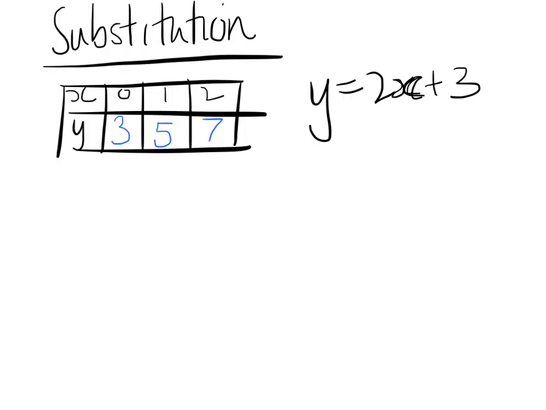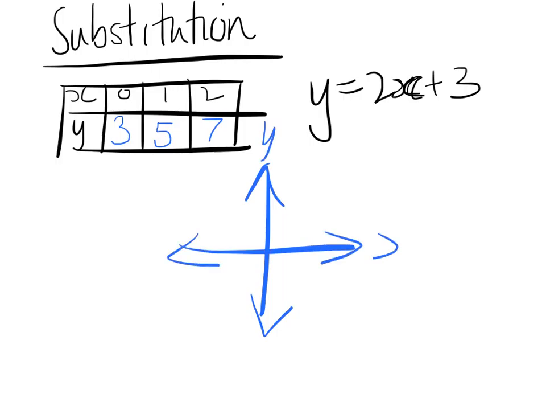And then you can start plotting your points. The first point is 0, 3. Second point is 1, 5. Third point is 2, 7. And you just draw it on a graph. Remember when you are drawing your graph that you want to label x and y, and you need to make sure that your scale is unchanged across the x and across the y, though not necessarily the same between x and y.